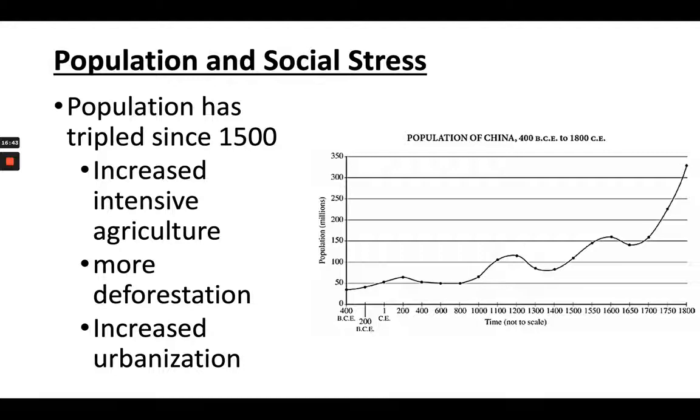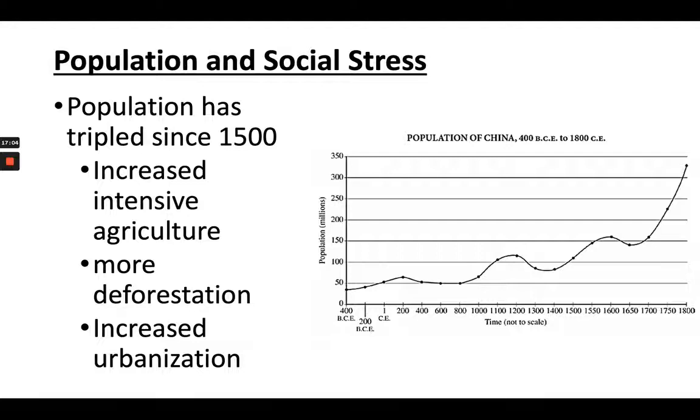So, since 1500, the Chinese population had tripled. This leads to an increased demand for food and an increase in intensive agriculture instead of extensive agriculture. This should be reminding you of some of those vocabulary terms you learned last year in human geography.